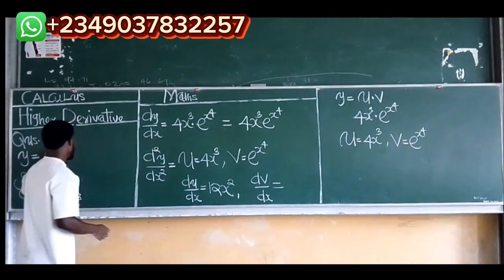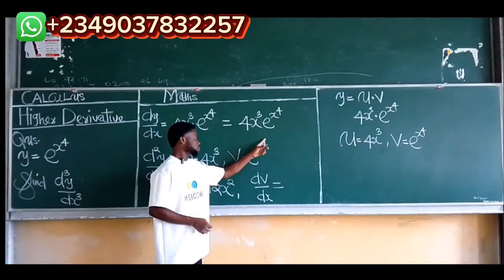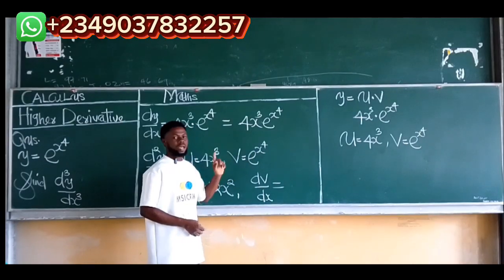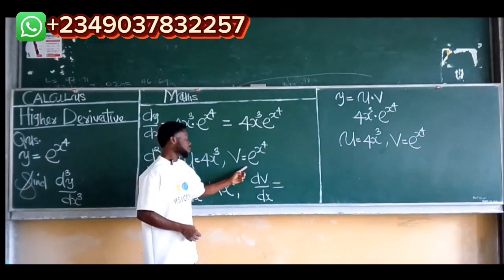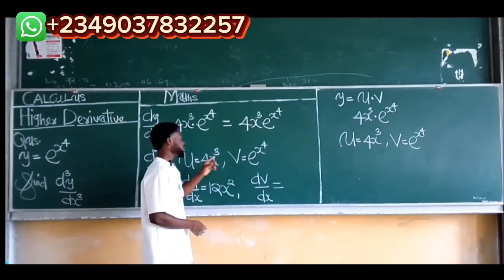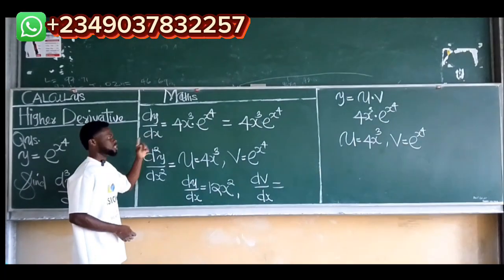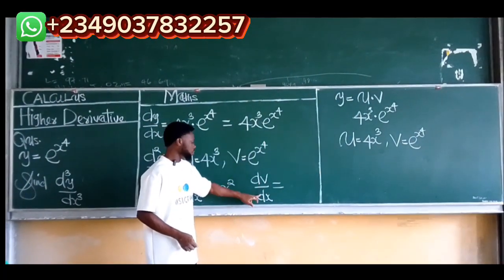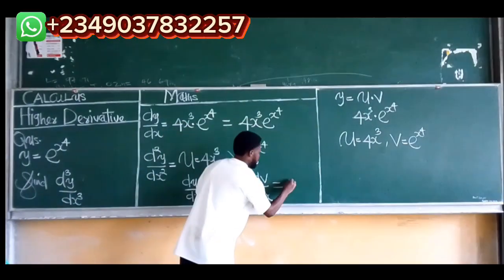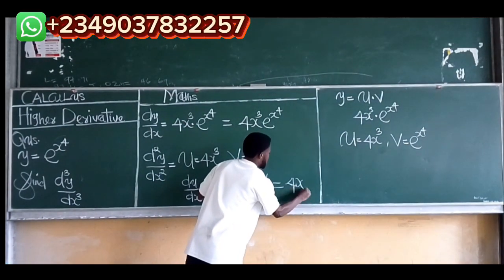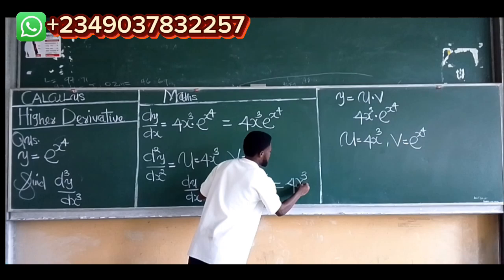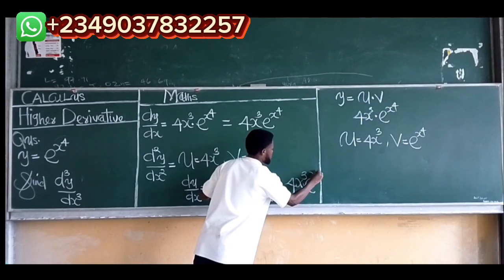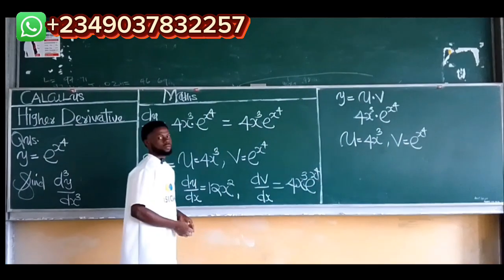Basically, we differentiate the power, then multiply the derivative of the power by the entire term. That was exactly what we did in the first derivative, and we obtained this. So dv/dx becomes 4x^3 e^(x^4).